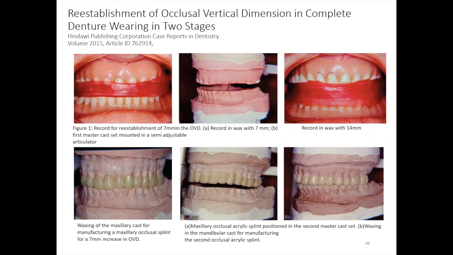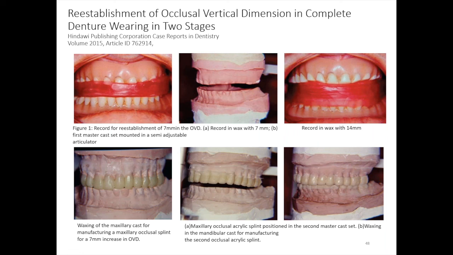Next, two occlusal records were made, one of 10 millimeters, for establishment of occlusal vertical dimension in two stages. All the master casts were mounted in an articulator for the manufacture of occlusal acrylic splints. First, the mandibular cast was prepared to determine an increase of 7 millimeters in occlusal vertical dimension, and autopolymerizing resin was used to make the occlusal acrylic splint, and similarly for the 14 millimeters maxillary splint.